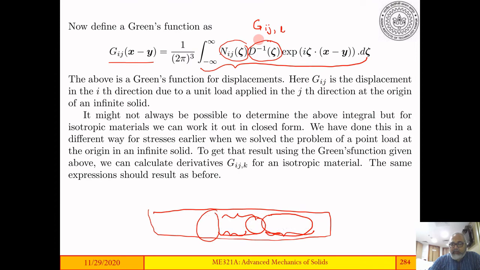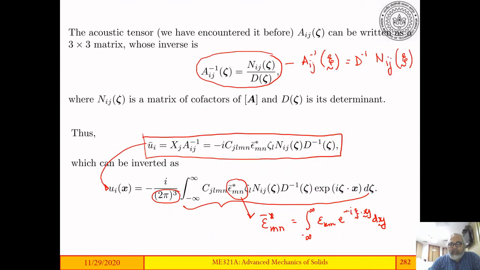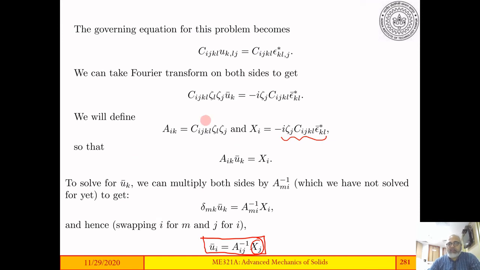To find the cofactor matrix and the determinant, we will have to find the inverse of the acoustic matrix. So this is the acoustic tensor, and we will have to find its inverse. Finding its inverse is difficult for a general case, but for the situation where Cijkl is isotropic, we have already seen how to find Aik and how to find Aik inverse.